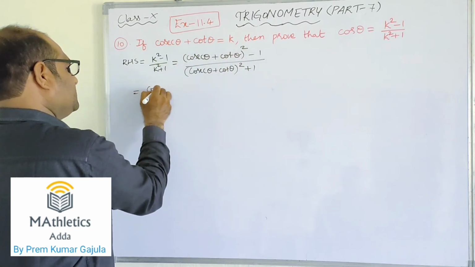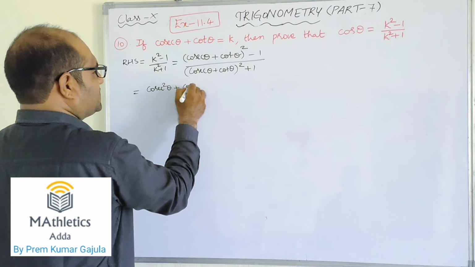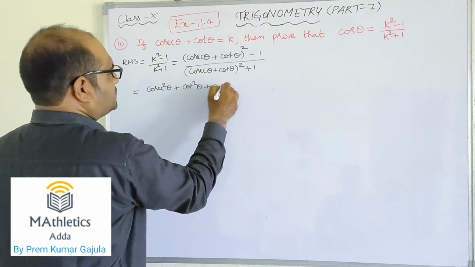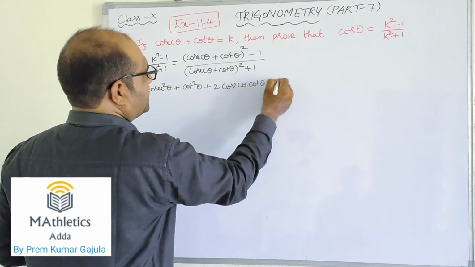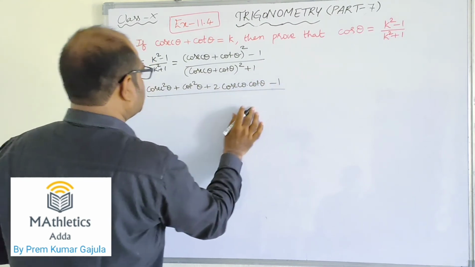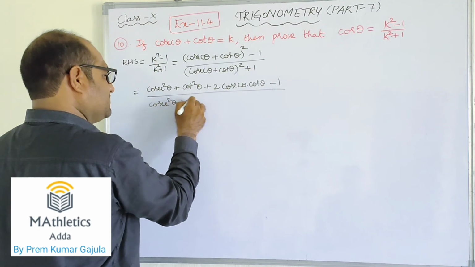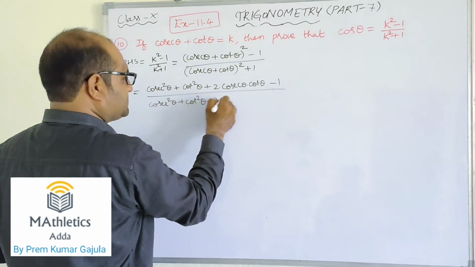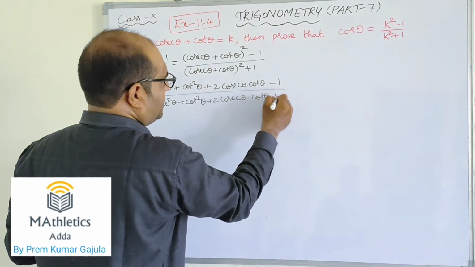So write a square, that is cosecant square theta, plus b square, that is cot square theta, plus 2ab, that is 2 cosecant theta into cot theta, minus 1. And here also the same: cosecant square theta plus cot square theta plus 2 cosecant theta into cot theta plus 1.